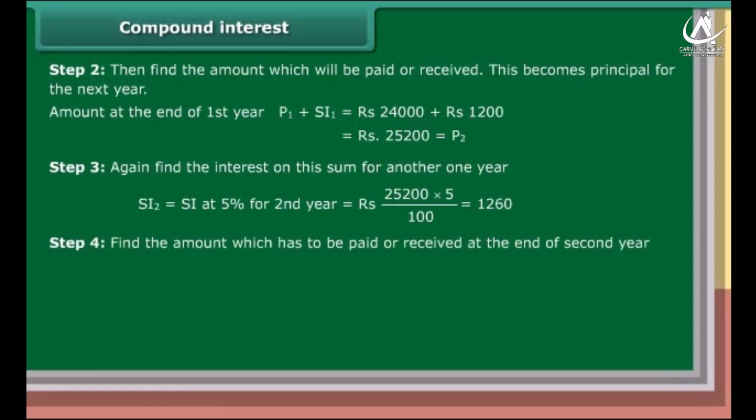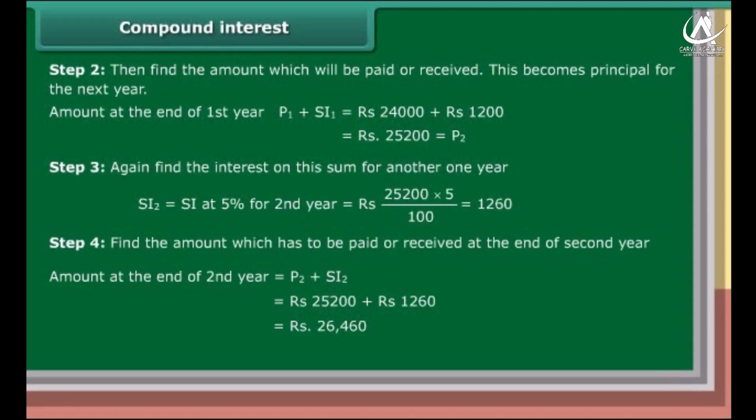Step 4. Find the amount which has to be paid or received at the end of second year. Amount at the end of second year is equal to P2 plus SI2 is equal to rupees 25,200 plus rupees 1,260 is equal to rupees 26,460.